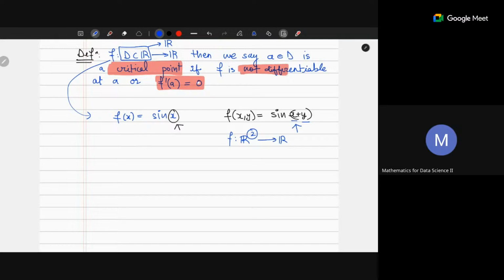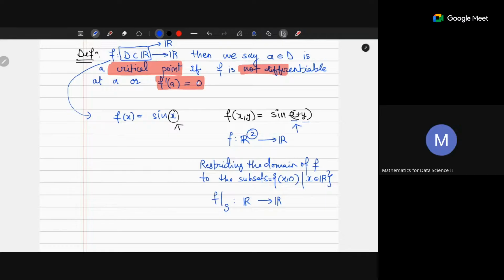If I try to see R2, and I restrict the domain of f to the subset (x, 0), where x varies in R, let's name this subset S. That means I've restricted my function to S, and now it becomes just a function from R to R. Because after restricting to S, I need to put y equal to 0.